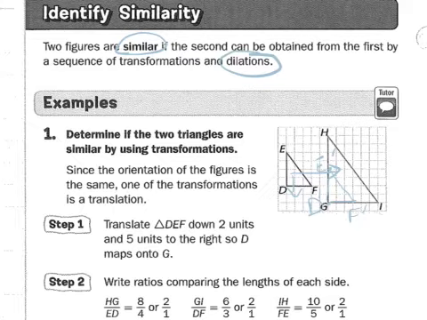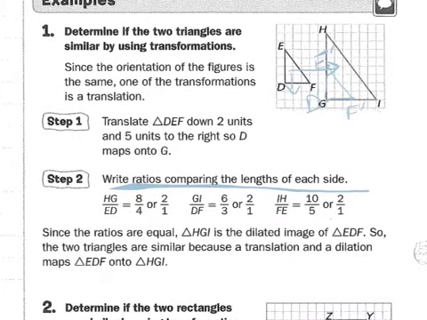Now, the next thing that we're going to do to figure out if these triangles are really similar to each other is we're going to write ratios comparing the lengths of their sides. So we're just going to count how big their corresponding sides are. Remember corresponding sides from our work with congruent figures yesterday. So we've got corresponding sides.